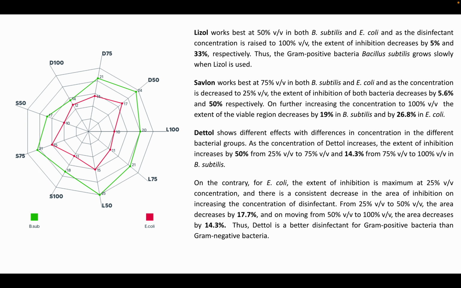There is also a change in the inhibition of Dettol when we increase the concentration to 75%, and from 14.3% to 100%. Thus, Dettol is a better disinfectant for gram positive bacteria than gram negative bacteria. This is the conclusion that we can draw.